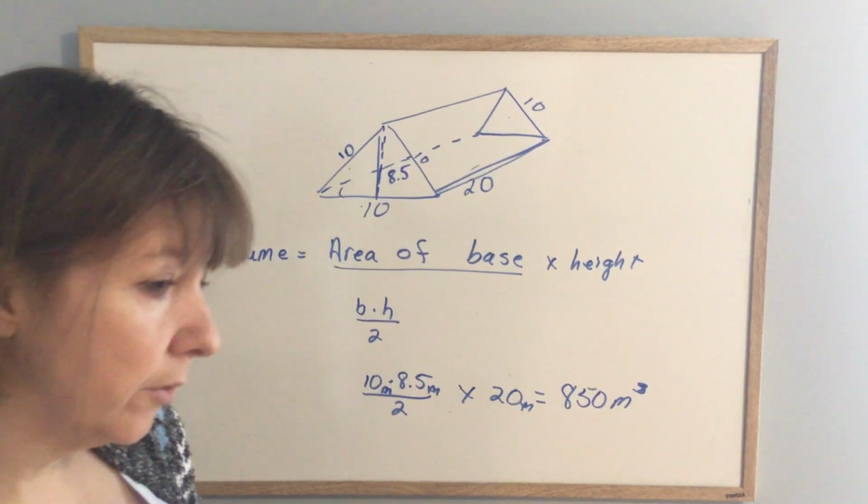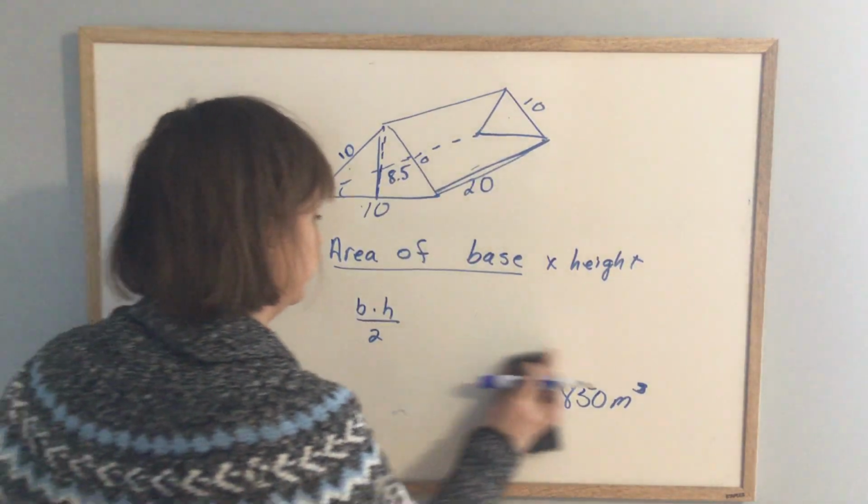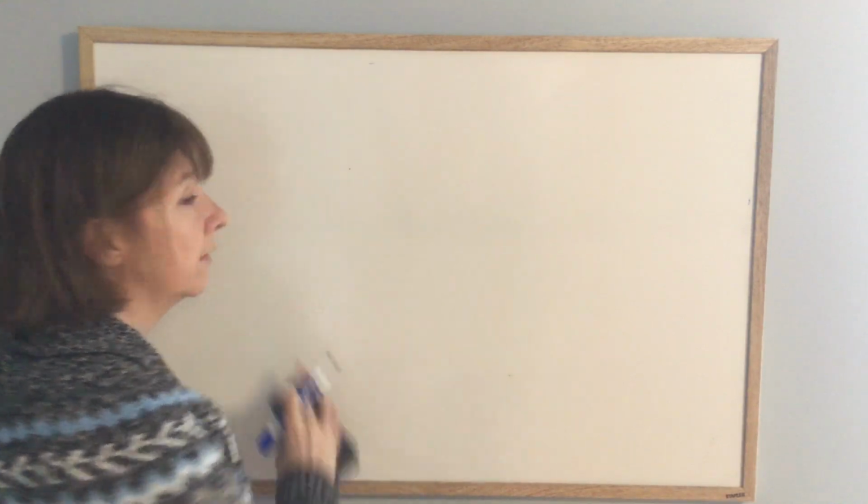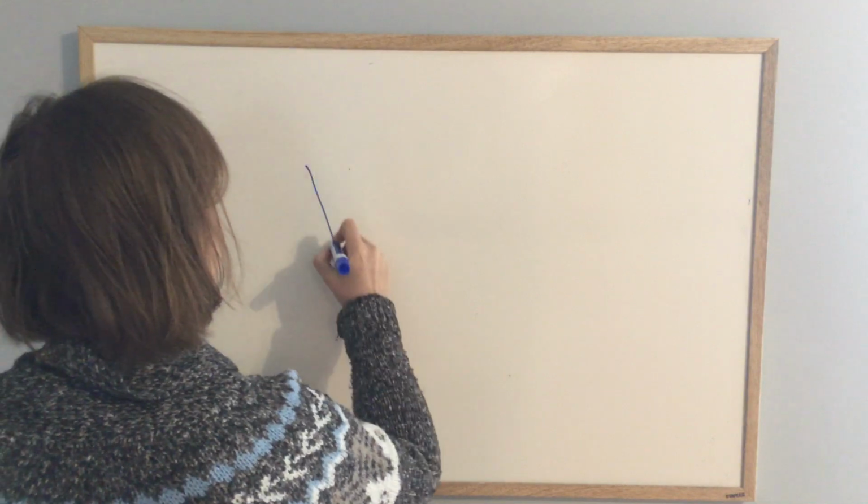All right, number 17. It's the last one that I was asked to do. Number 17 is basically a right angle triangle.